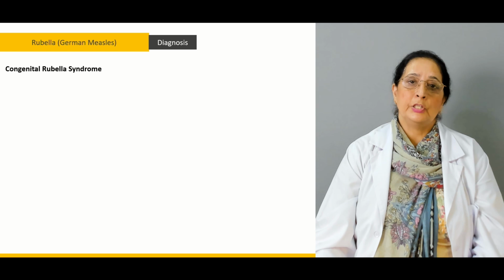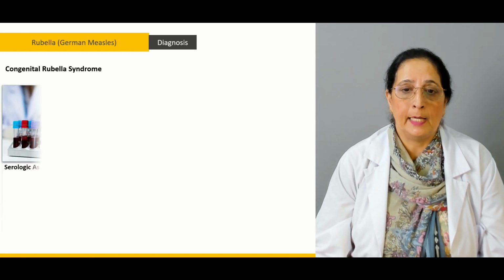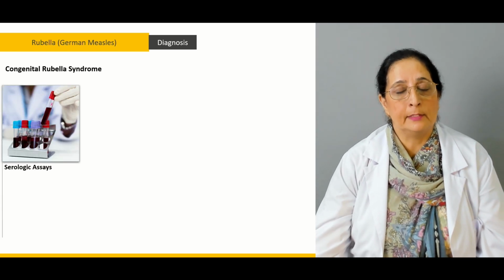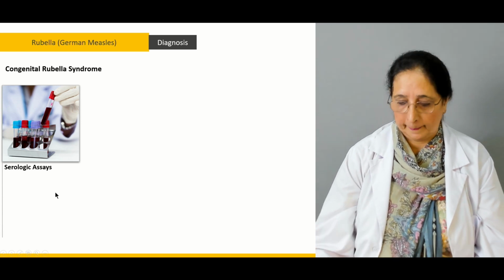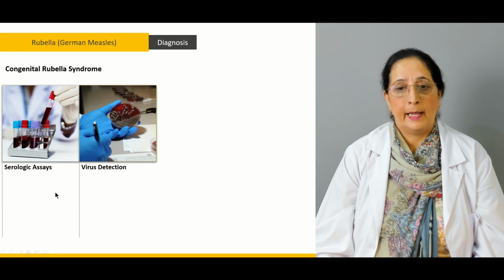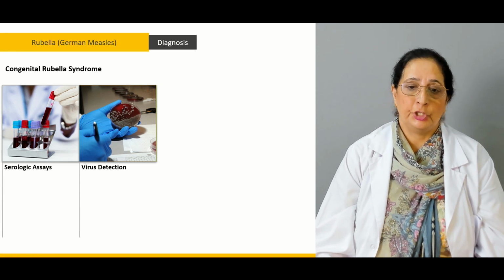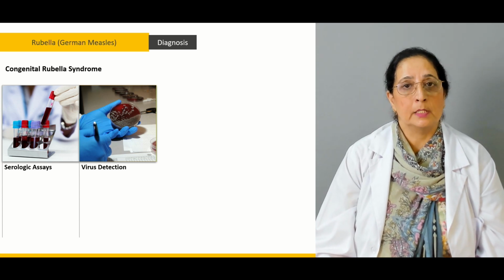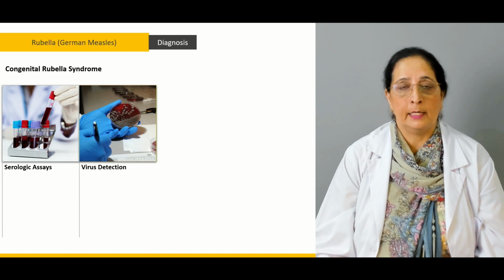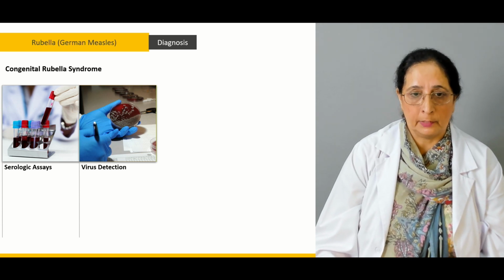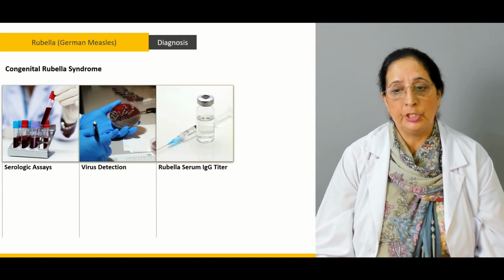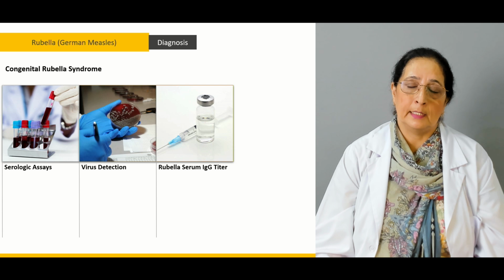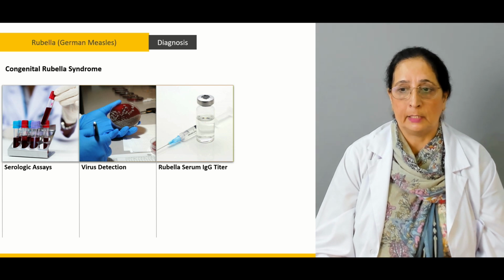Then the diagnosis of congenital rubella syndrome: again serologic assays, tests done on the serum. Detection of the causative virus is helpful in the diagnosis. Rubella serum IgG titer is helpful in the diagnosis.